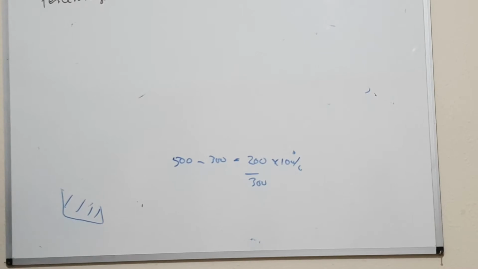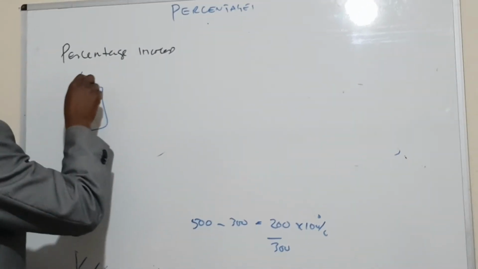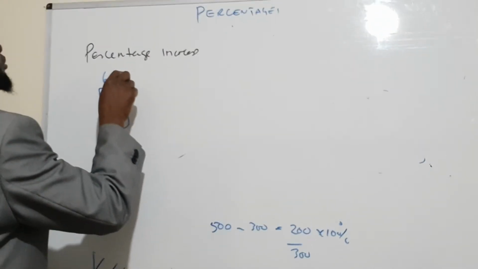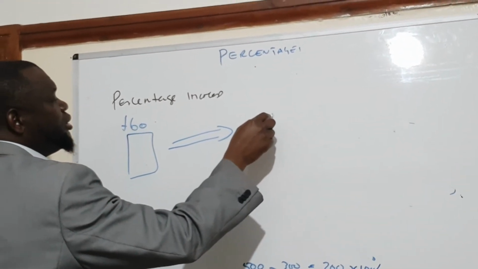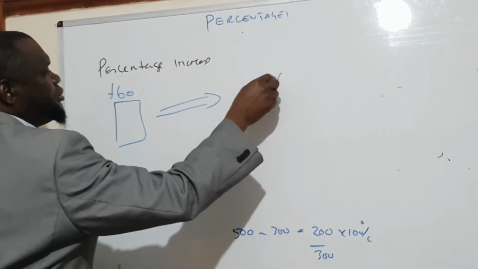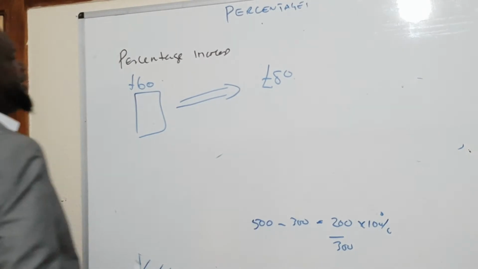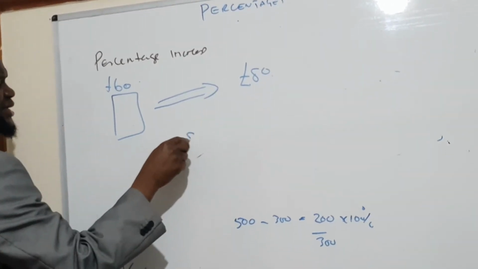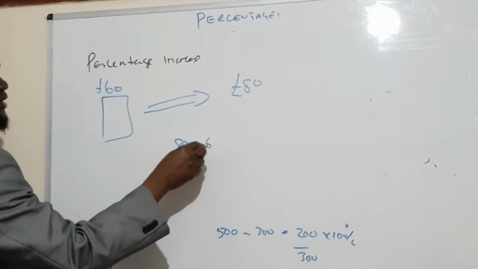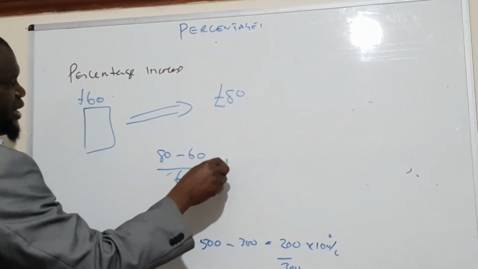There was inflation. Your mom's bill was £60. It increased to £80. What is the percentage increase? Same thing. The new one, 80, minus the old price, 60, divided by the old price, not divided by the new price, times 100.